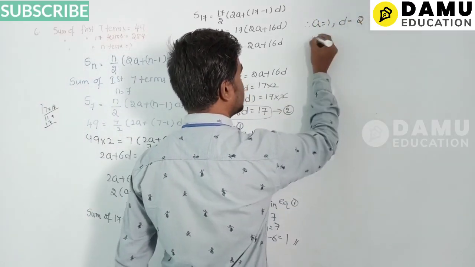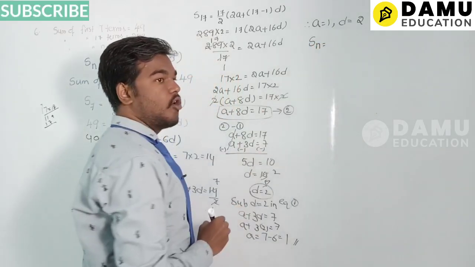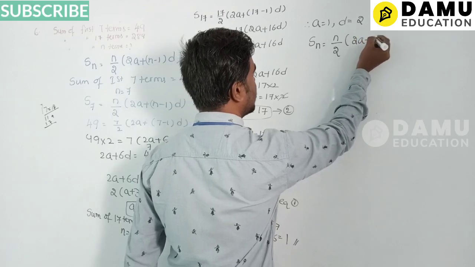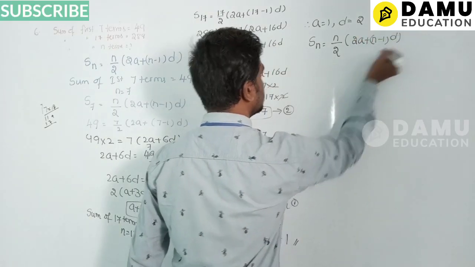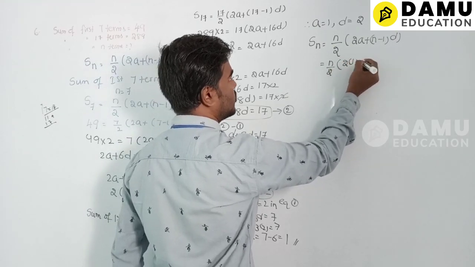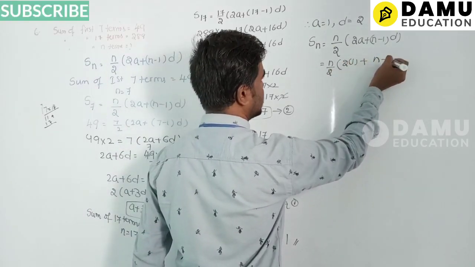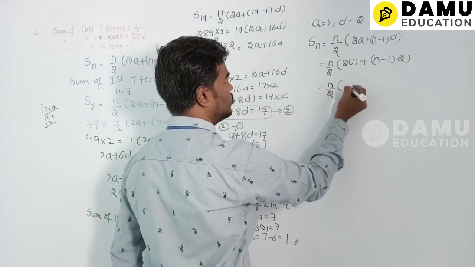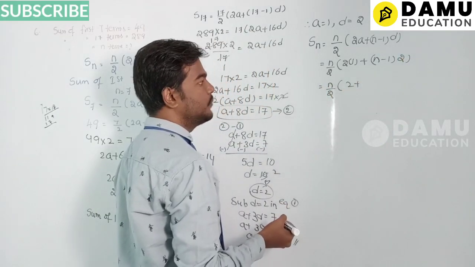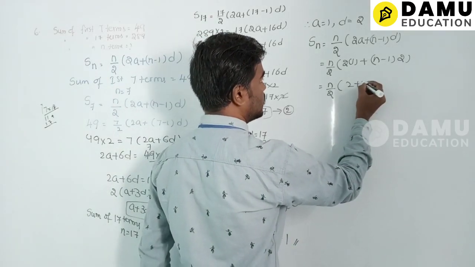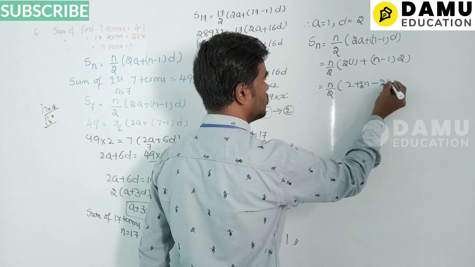Then what is the sum of n terms? The sum of n terms is n by 2 into (2a plus (n minus 1) into d). So n by 2 into (2 into 1 plus (n minus 1) into 2). So n by 2 into (2 plus 2n minus 2).